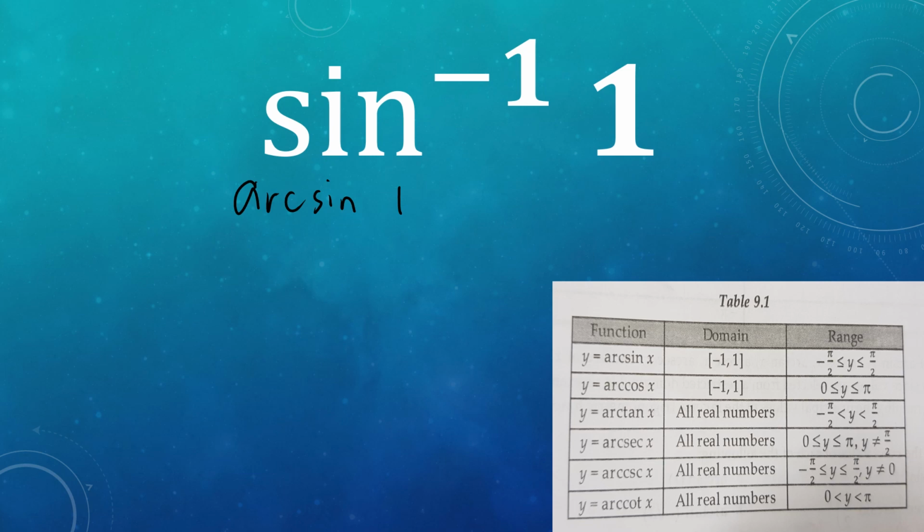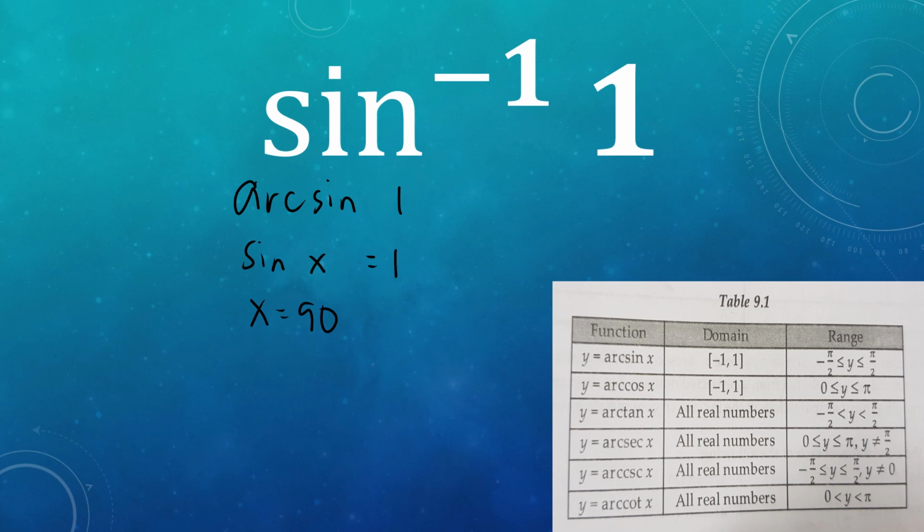Now to find arcsine 1, we can rewrite that as sine x is equal to 1, which implies that we're looking for the angle measure that satisfies the given equation. The only angle measure that satisfies the given equation is x is equal to 90.